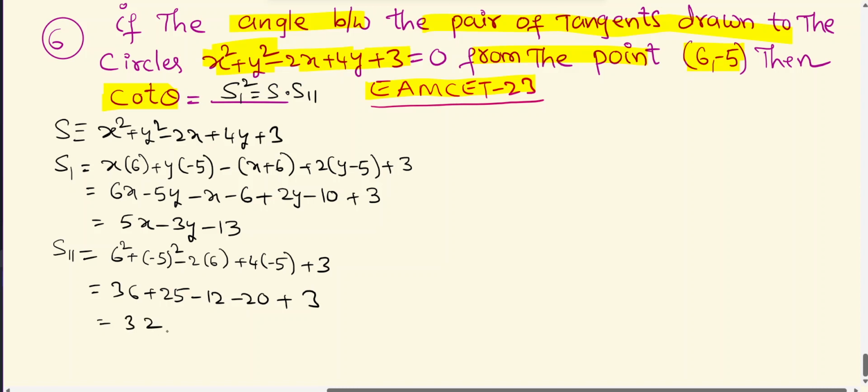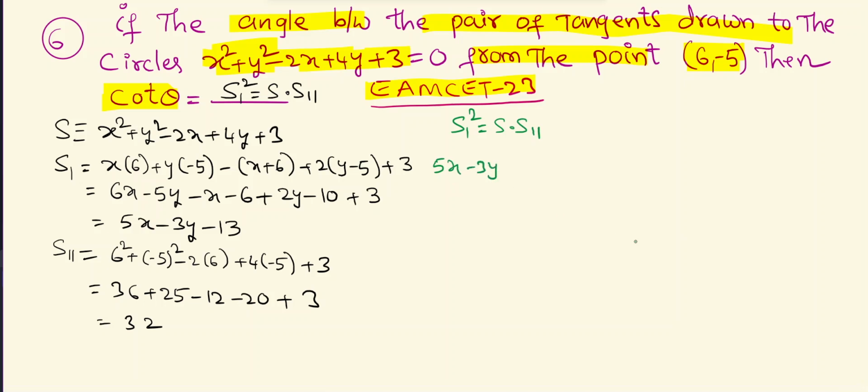S11 value is 32. Now substituting in the formula S1 square is equal to S into S11, that is 5x minus 3y minus 13 whole square is equal to 32 into x square plus y square minus 2x plus 4y plus 3.